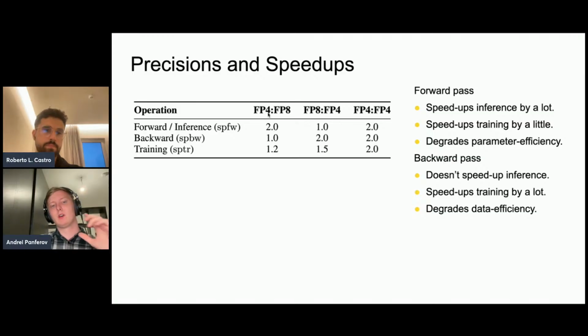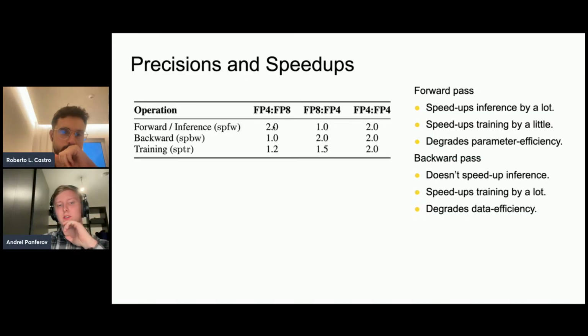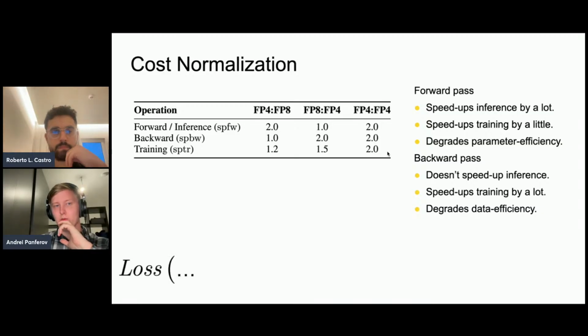You can see that quantizing just the forward pass mostly affects inference, quantizing just the backward pass mostly affects training, and quantizing both affects both. With this in mind, we arrive at the idea that we have a separate notion of inference cost for a model and training cost for a model, and quantization schemes can affect those in different ways.